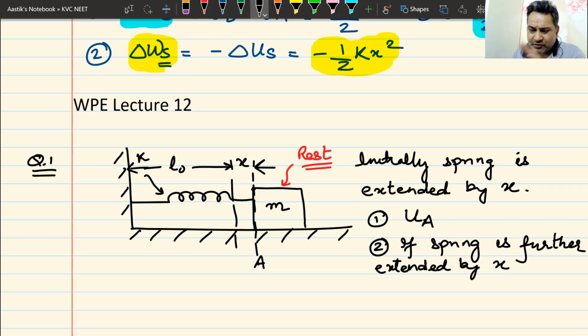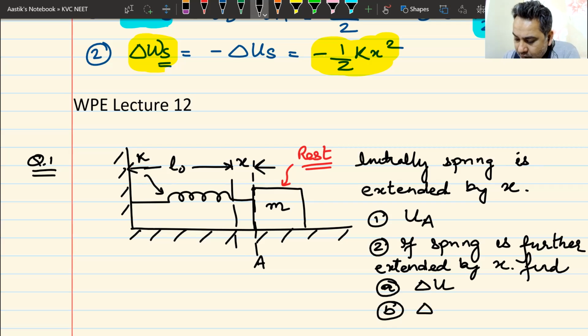If you can do this, this is probably the most difficult question that you can get in the exam. Initially, it is extended by x. Now I'm extending it by x more. So if the spring is further extended by x, find: number one, the change in potential energy. Number two, work done by the spring. That is the question.